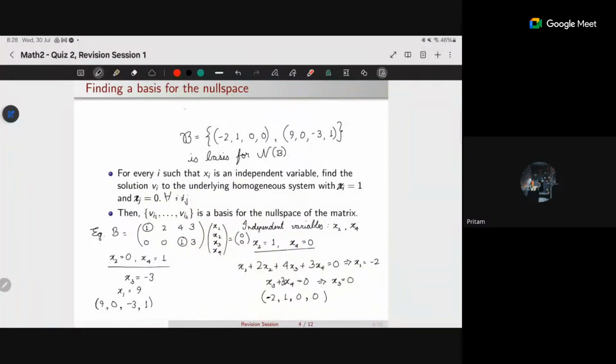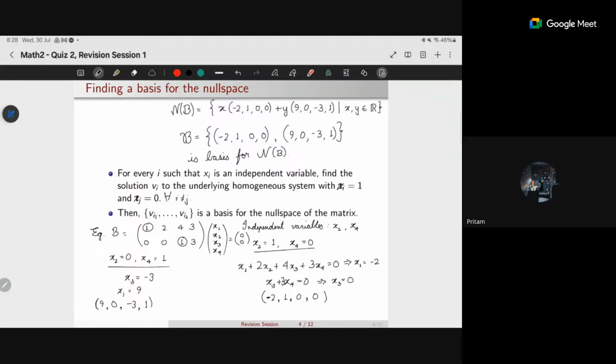So in other words, I can write null space of B as x times minus 2, 1, 0, 0 plus y times 9, 0, minus 3, 1, where x and y are in real numbers.